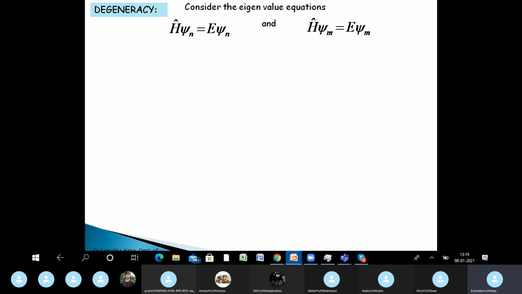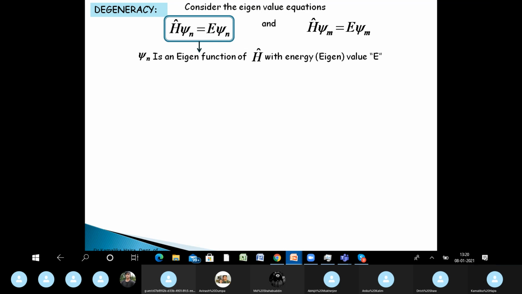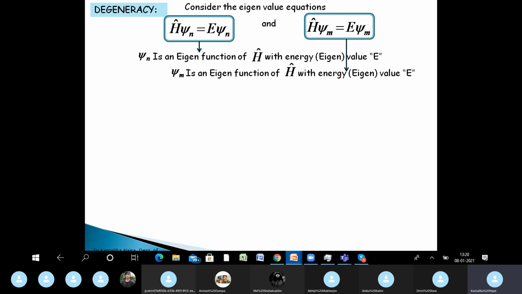Note that I have not given a suffix to E. I have not written En or Em. So in both cases, the eigenvalue equations are satisfied by the same eigenvalue E. Psi n is an eigenfunction of H with energy value E. Psi m is an eigenfunction of H with energy value E.